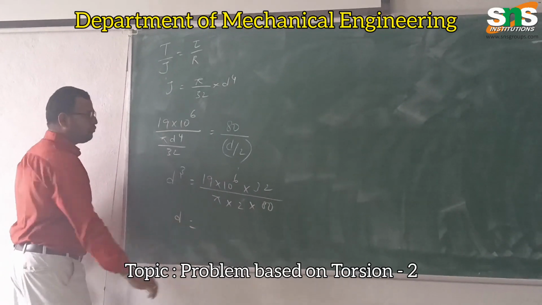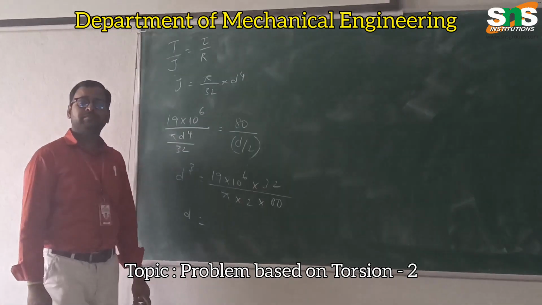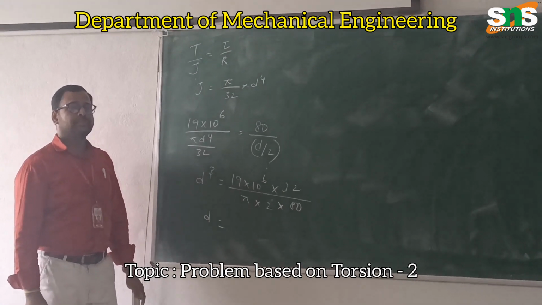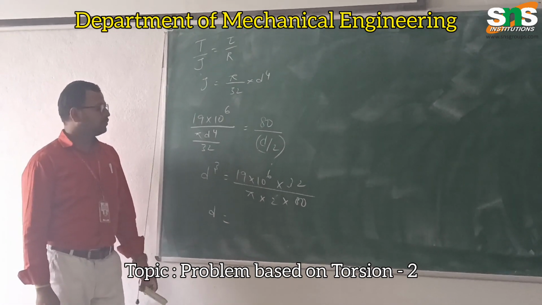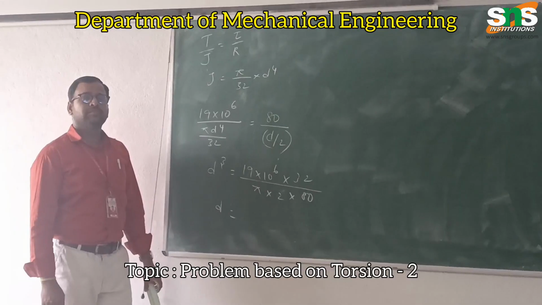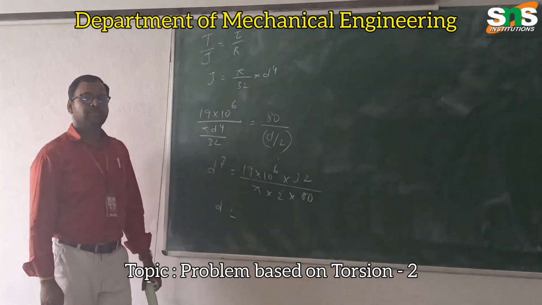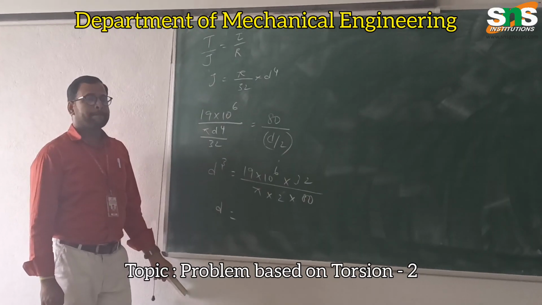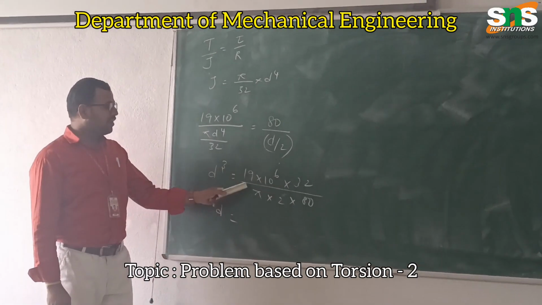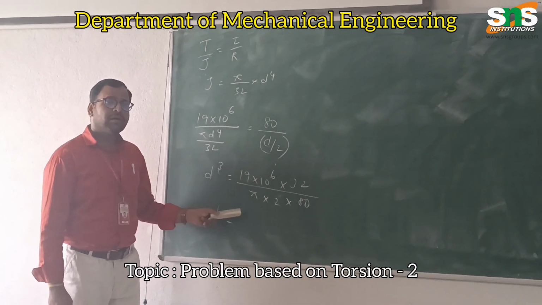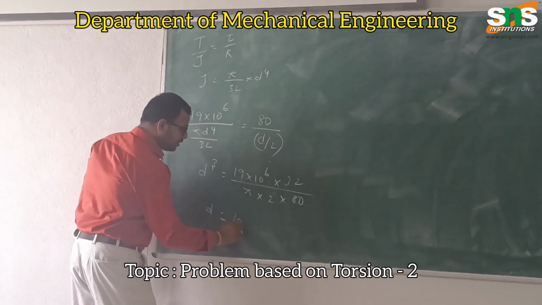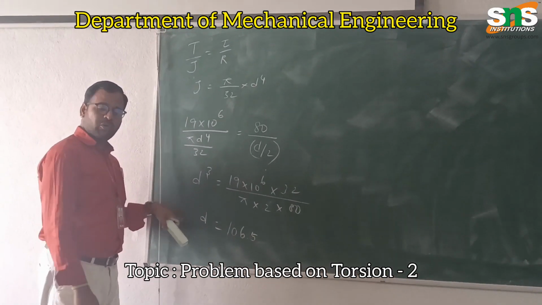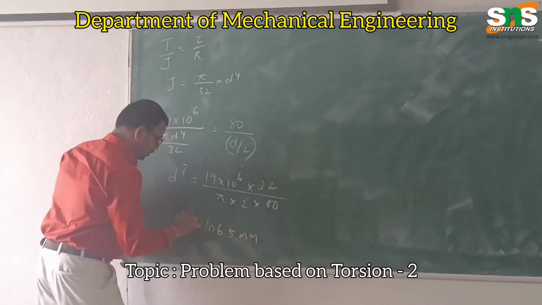So what is the value of d? 106.5. It is the entire d value, not the d cube value, in terms of mm.